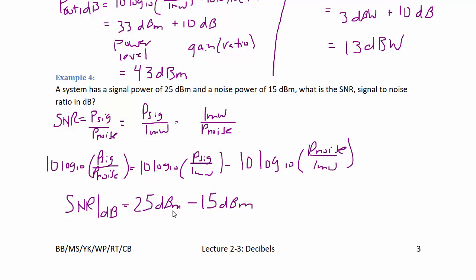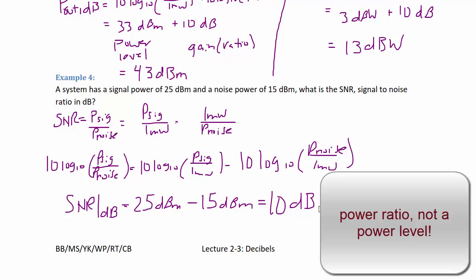And notice those are dBm because those are levels, but when I subtract, it's going to be a ratio. So this is actually 10 dB. This is a power ratio. No M because it is not a level.